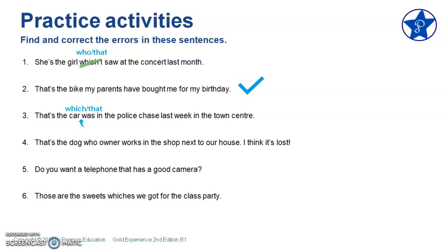Now you have to say which was in the police chase. Number 4, that's the dog whose owner. Number 5 is correct. And number 6, there are sweets which we got for the class party.